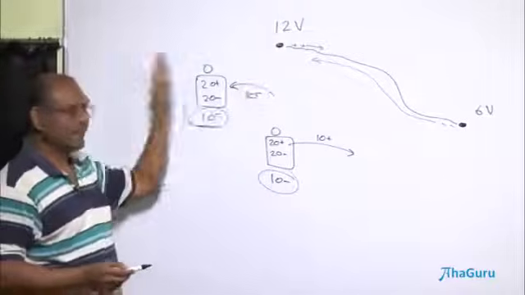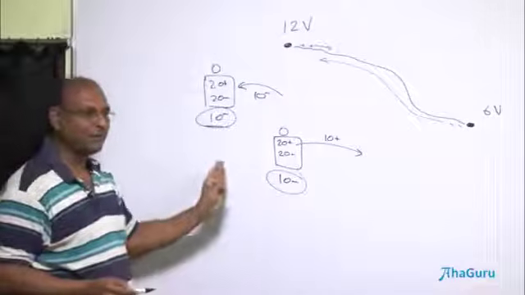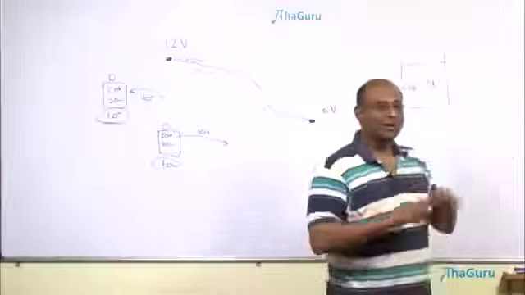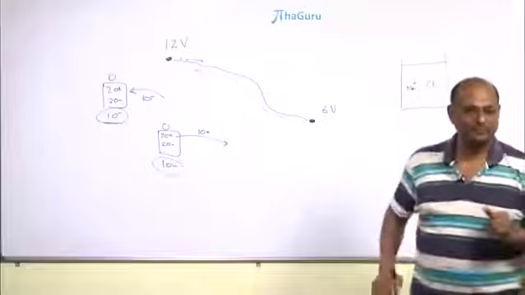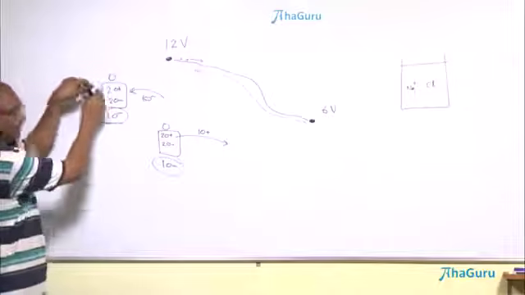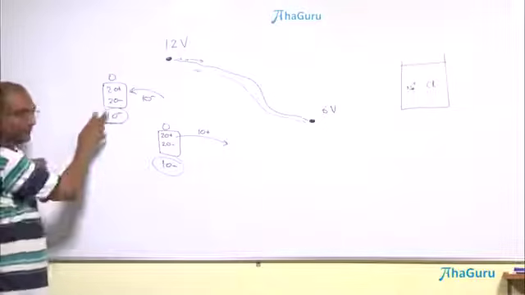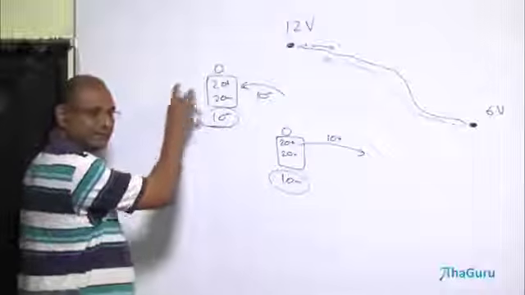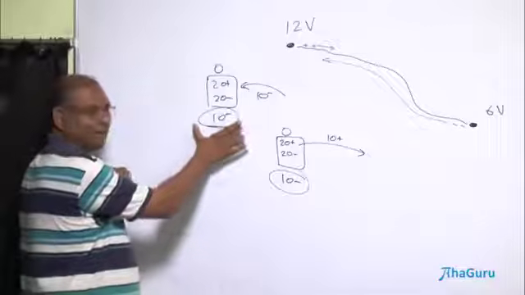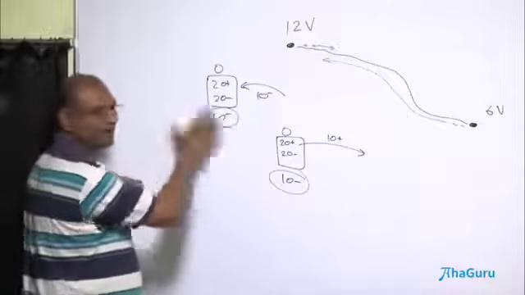So 10 minus moving this way is equal to 10 plus moving that way, because overall the system was initially neutral. So what matters is not how much actual plus and actual minus you have, but the difference, that is the excess charge that you have. If you have an excess of 10 minus, that's basically what counts.